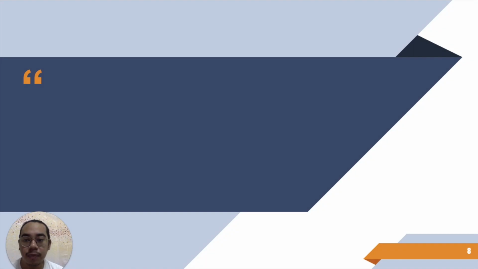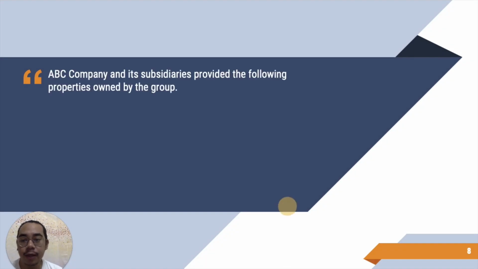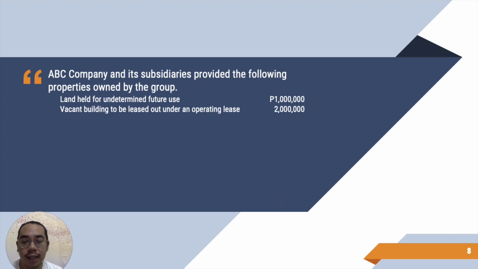So now, let's have an example. ABC Company and its subsidiaries have the following properties owned by the group. So this is a group financial statement. Land held for undetermined use, 1 million. Vacant building to be leased out under an operating lease, 2 million pesos.